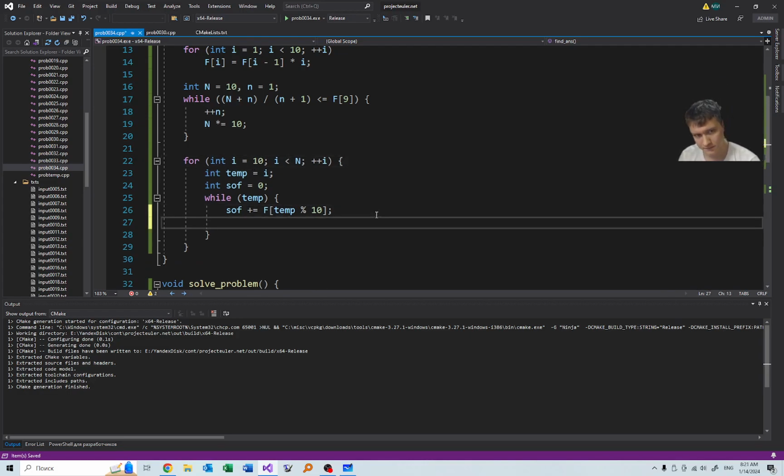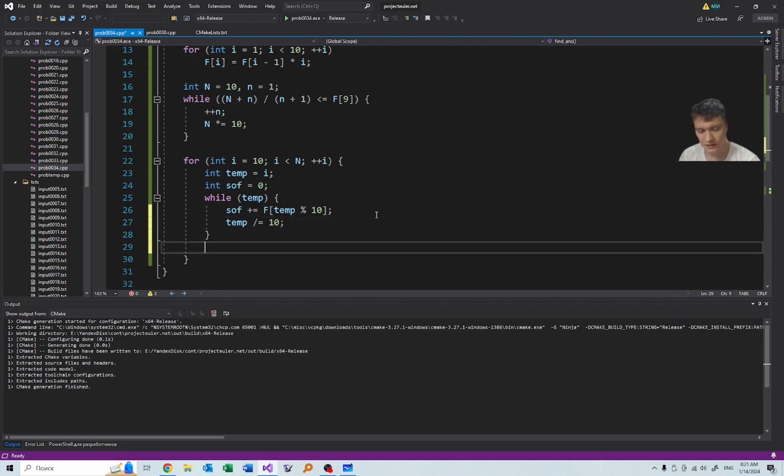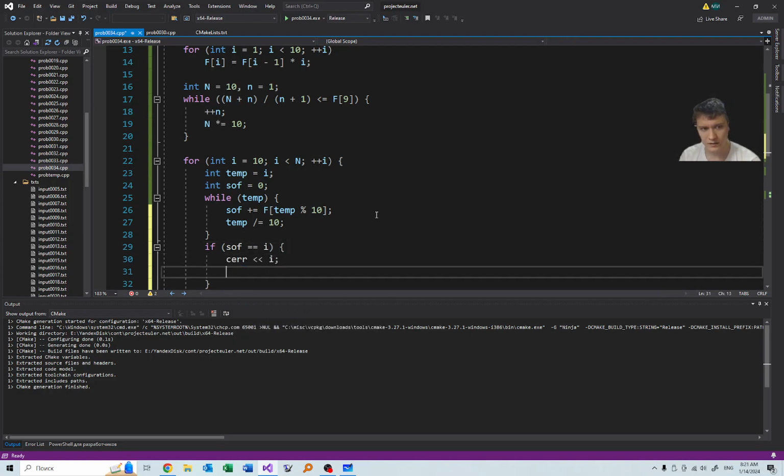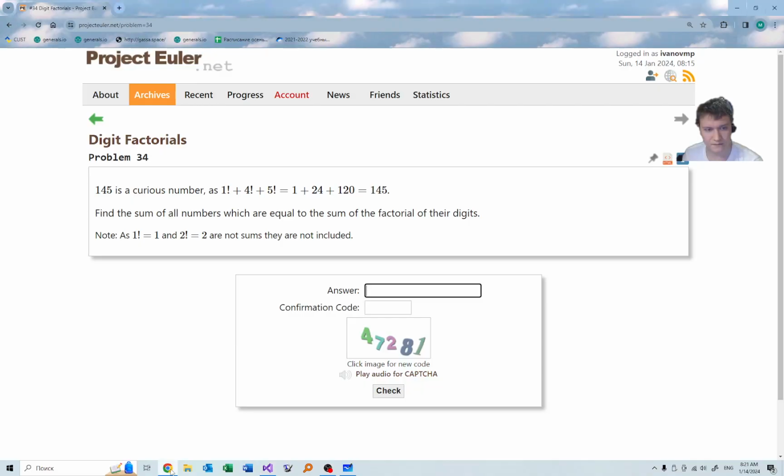Then temp is set to be divided by 10. And now if sum of factorials is i, then let's print it and add it to the answer.